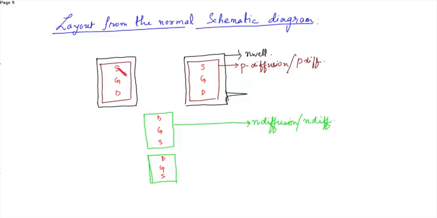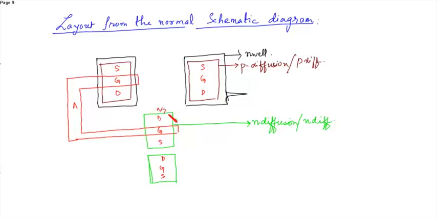So first connect the gates. So this is input A. According to our assumption, this is N2 now, and this is N1, this is N2.